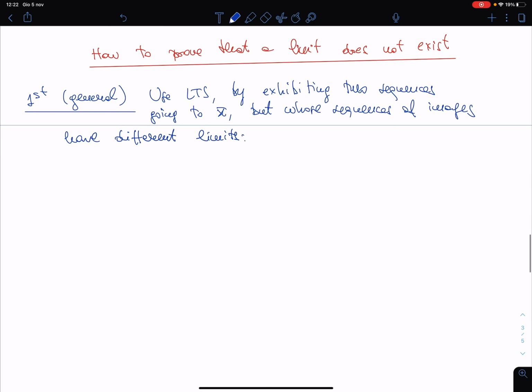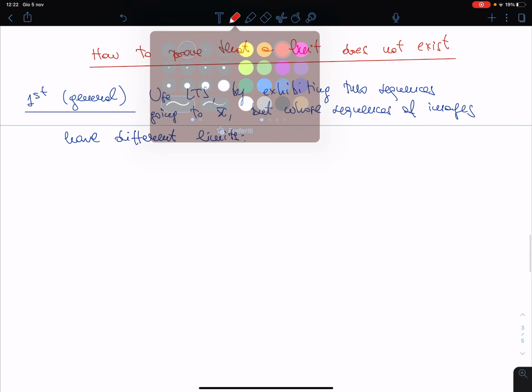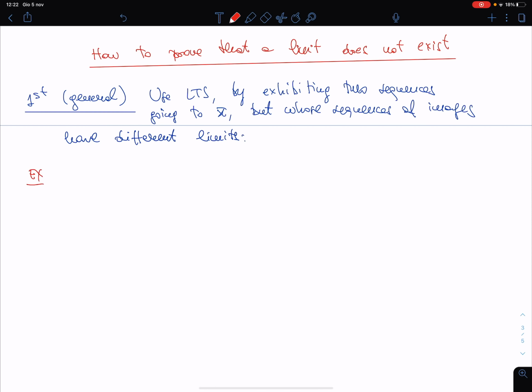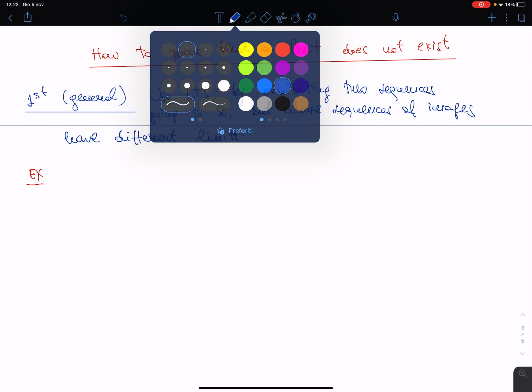The typical example, very simple, is the limit for x going to plus infinity of sine of x.